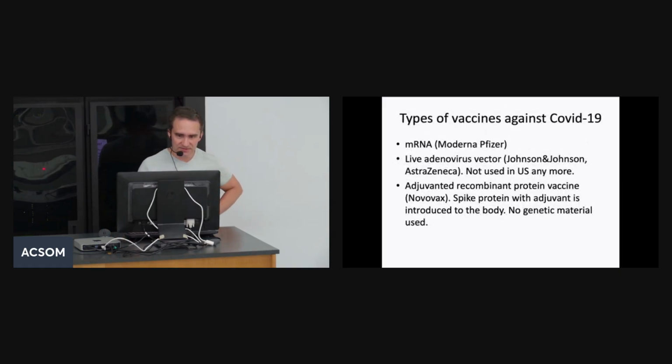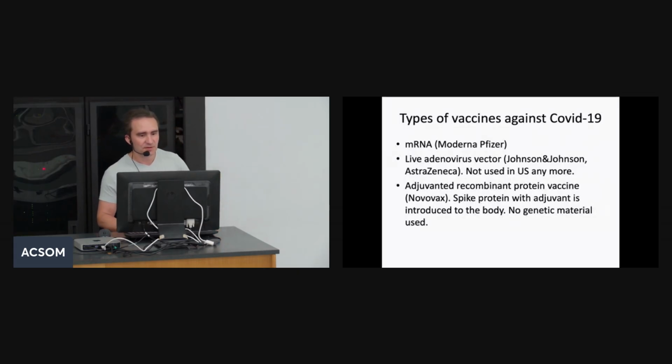So we'll talk about the vaccines against COVID. We have a few available now in the US, and probably the most used are the messenger mRNA vaccines, which are made by Moderna and Pfizer. The live adenovirus vaccine was approved at the beginning, but it's not used in the US anymore.